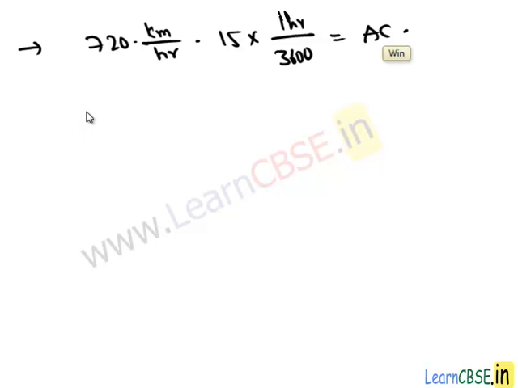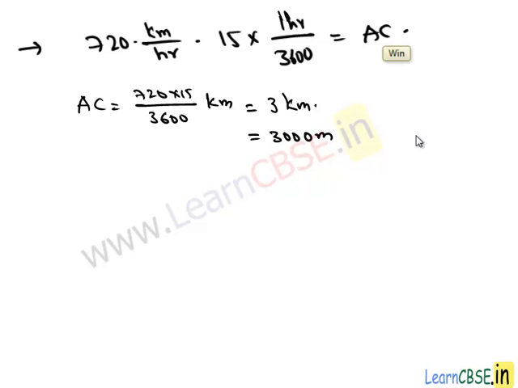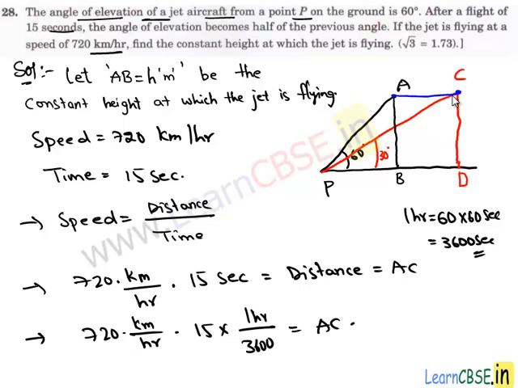Now we get the value of AC, which is 720 times 15 divided by 3600, and it is in kilometers, and it is equal to 3 kilometers. We convert it into meters, it is equal to 3000 meters. So the distance traveled by the jet in 15 seconds of time is 3000 meters.